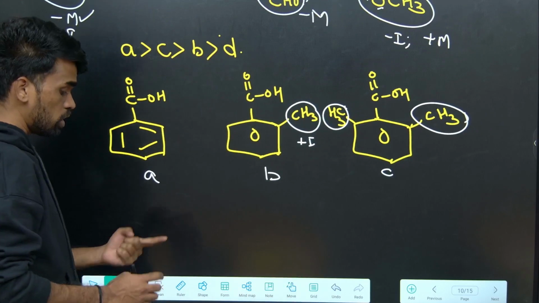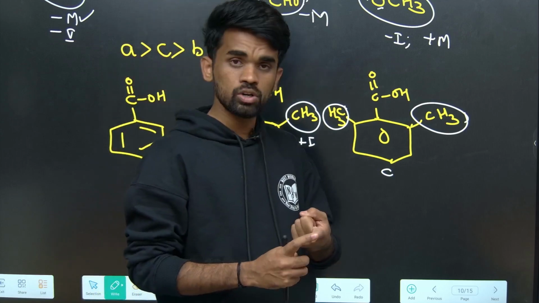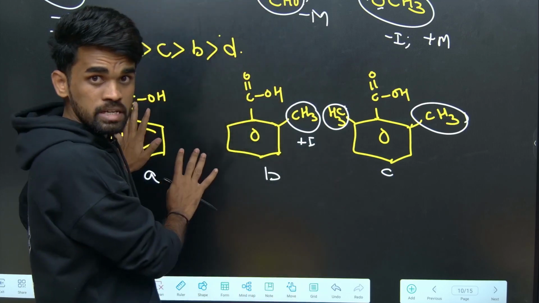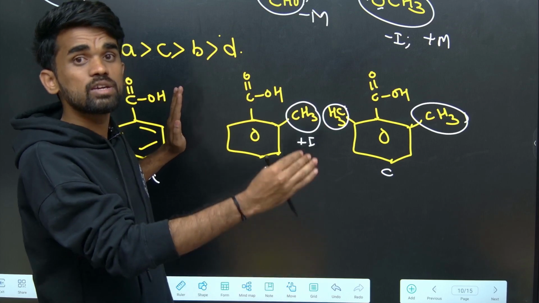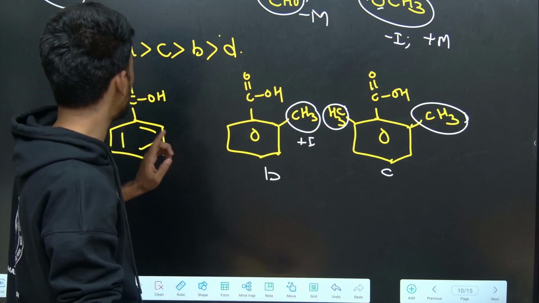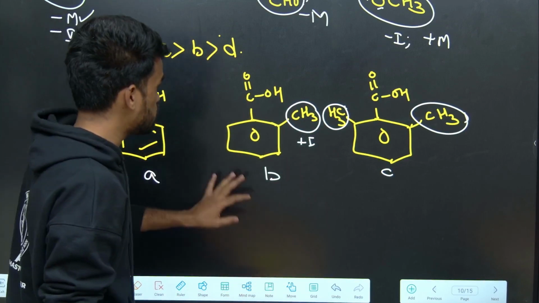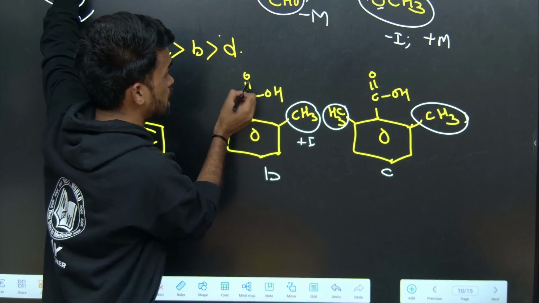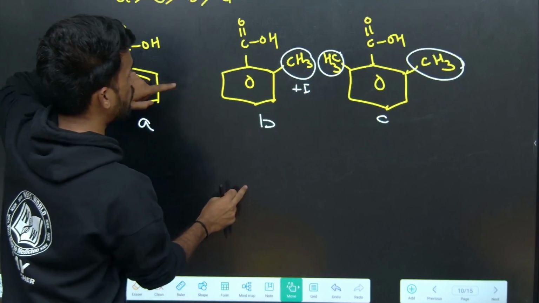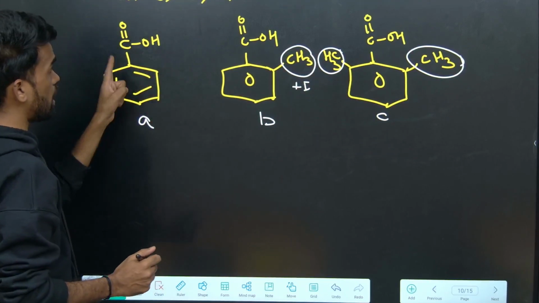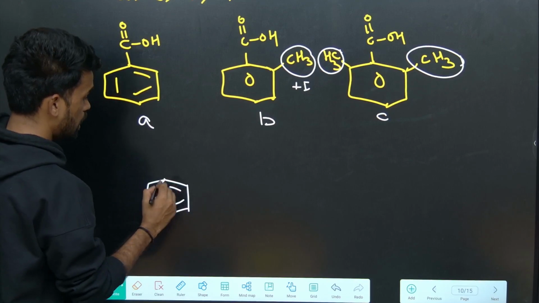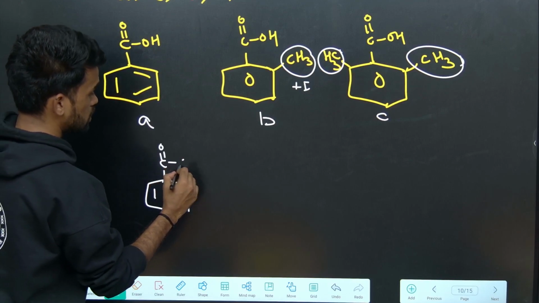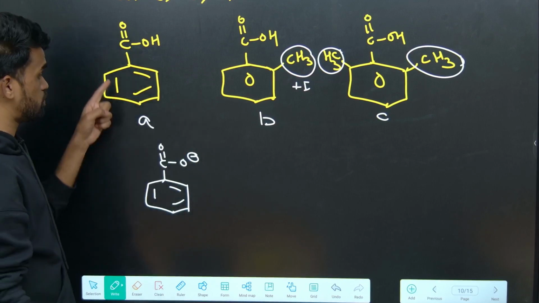Okay, so while studying resonance, I told you about resonance and equivalent resonance, meaning conjugation and equivalent conjugation. When I told you equivalent conjugation, I explained that if the conjugation is between the same atoms, for example here, after removing the hydrogen H plus ion, we will have the respective conjugate base like this, from this benzoic acid.